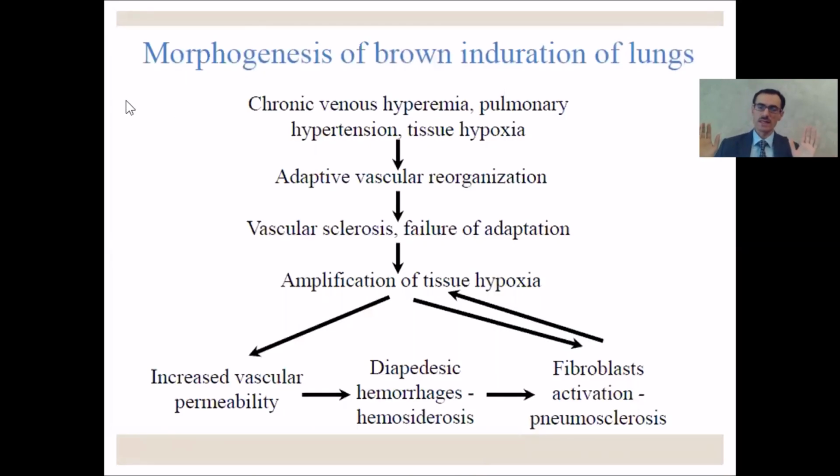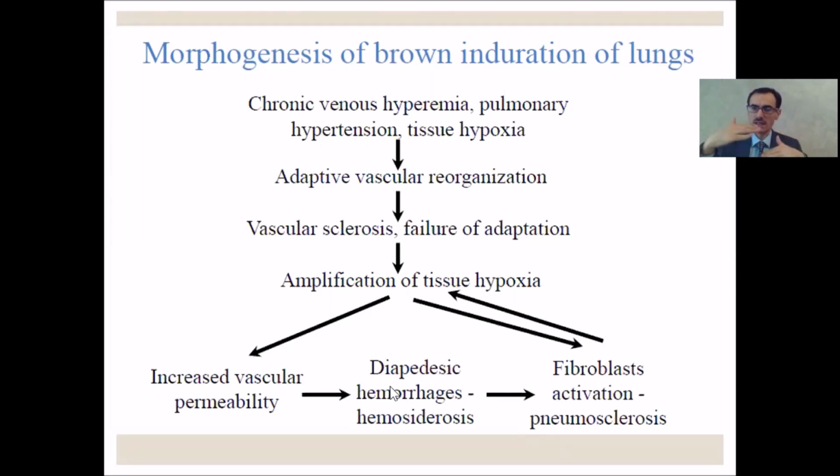So as we said, during chronic venous hyperemia the tissues become hypoxic, sclerosis develops here, and the permeability of the blood vessels increases, which results in diapedesic hemorrhage.